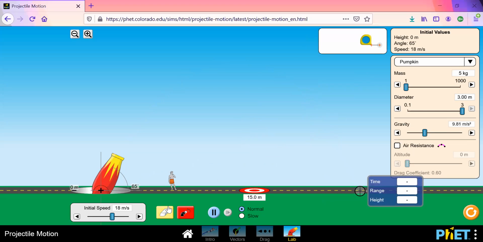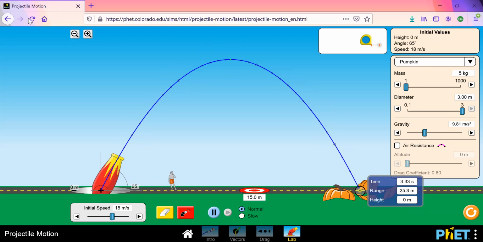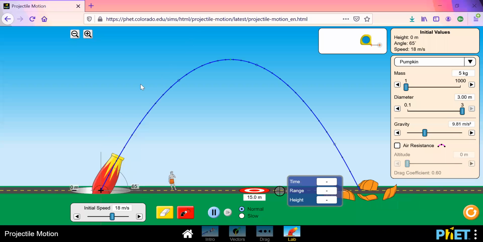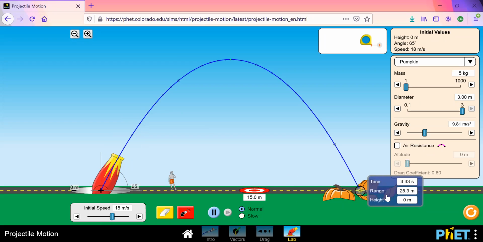Okay, we can just take that off and just verify that. So here's pumpkin at 65. He's at 25.3. You can see that, and you can zoom in if you, well, sometimes it won't. I wish there was a scroll bar, but sometimes you can zoom in just to get a better look. That's 25.3, and I'm gonna do the complementary.